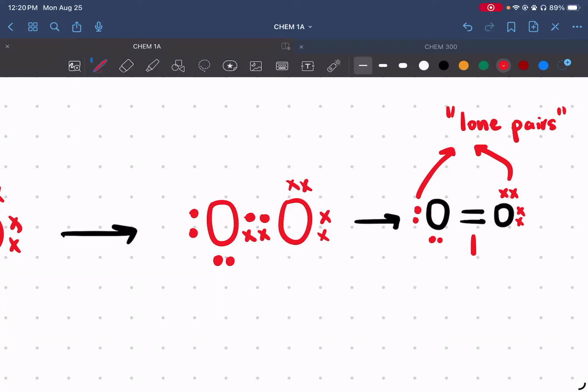And the ones that are found within the bond themselves are known as bonded electrons. Ultimately, what matters is that number 8. It depends on each atom, which ones are going to be bonded, which ones are lone pairs. But as long as each of them has that 8, or in some cases 2, everyone's happy.